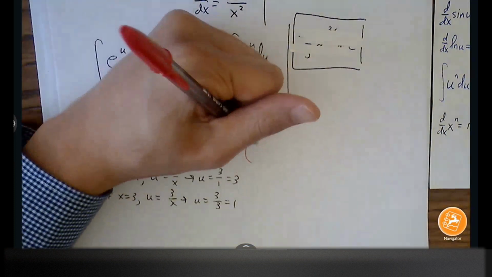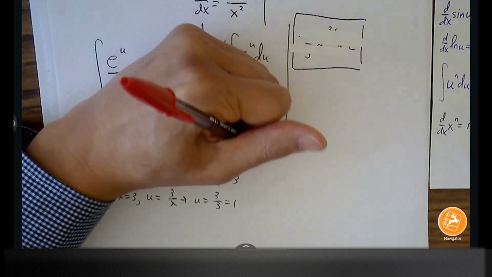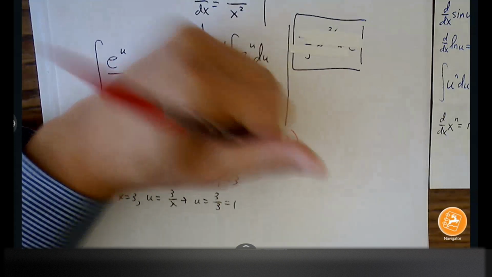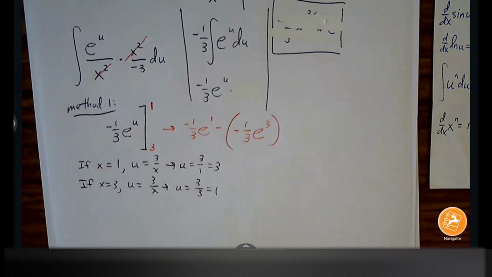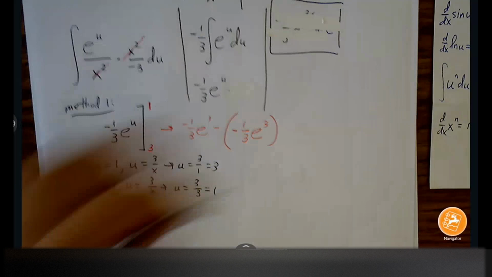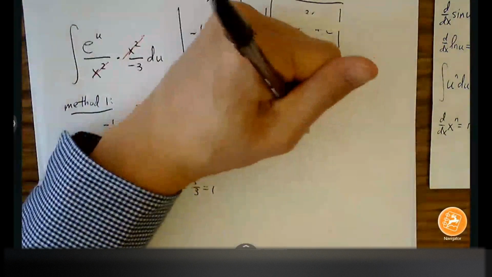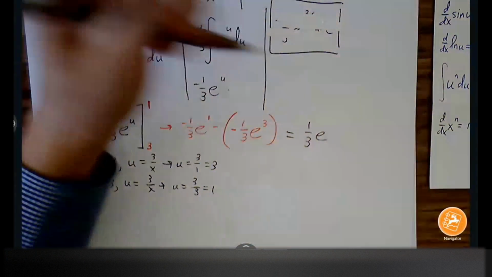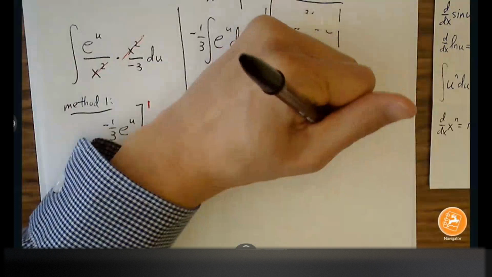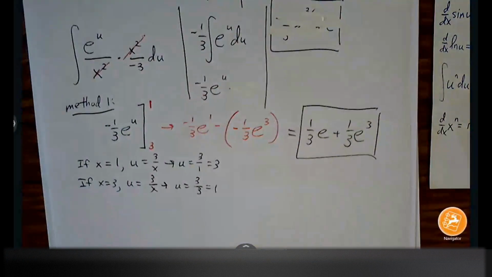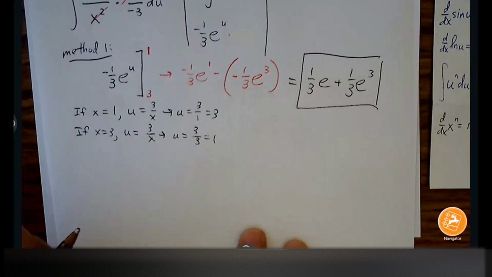So there's going to be another negative. If you leave your answer like this, I'd be okay with it. But I'm just going to clean up a little bit. So this is perfectly fine. Oh, forgot the negative.